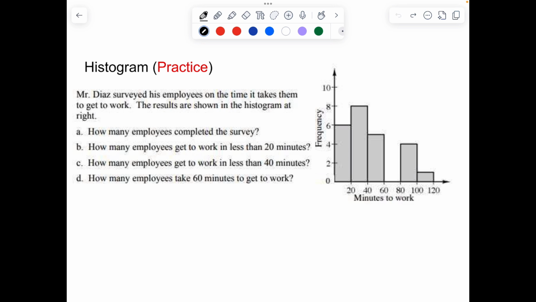Okay, so then on the next bar, we're going to have between 20 minutes and 40, but not including 40. So it would be between 20 minutes and 39.999, etc. Okay, and then so on. Feel free to pause this video and come back to it, and we will go over the answers shortly.